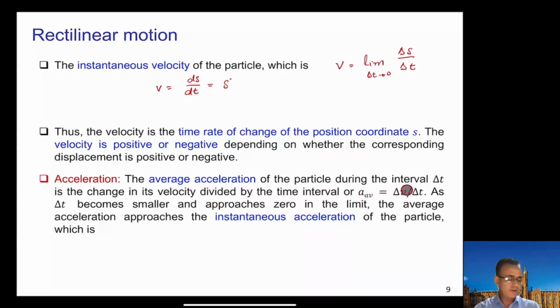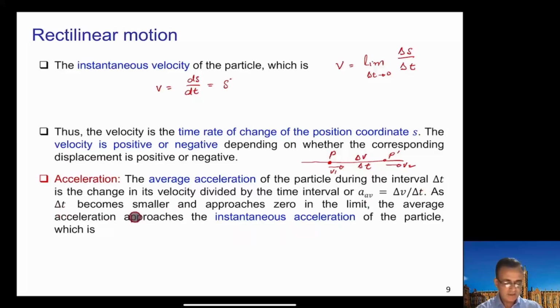Assume the same motion of the particle, at P and at P dash. The velocity here is v1 and the velocity there is v2, the change in velocity is delta v and the change in time is delta t. If you divide delta v by delta t, this will be our average acceleration.